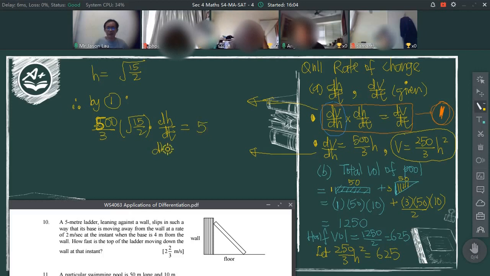Then you get your dh/dt. Clear about this? So the only guy is your h, your new h. You just need to put it in. The rest are the same. Can? Okay.